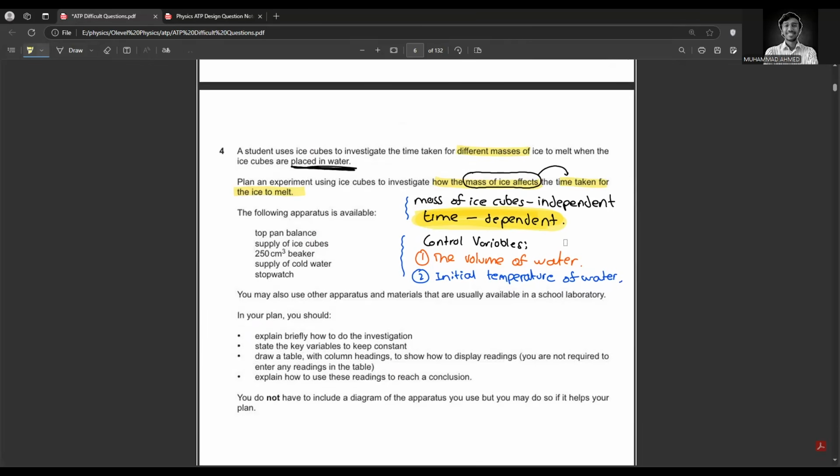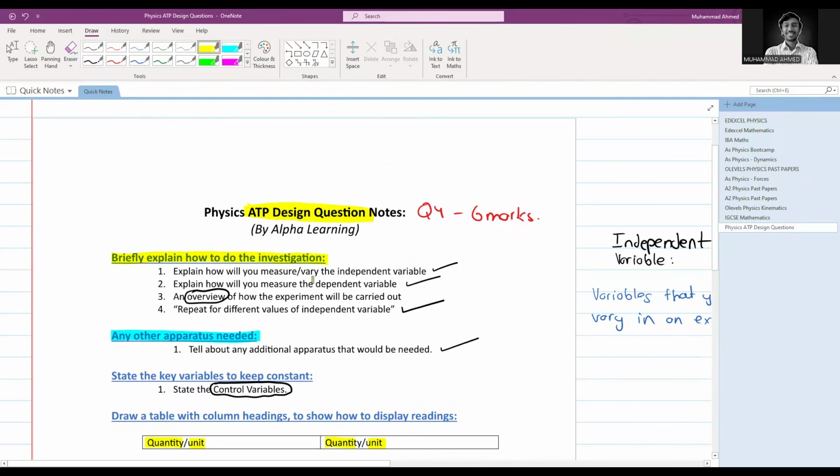What are the 4 points that I have instructed you to write? Explain how you will measure the independent variable, explain how you will measure the dependent variable, an overview of the experiment, and repeat the experiment for different values of the independent variable.